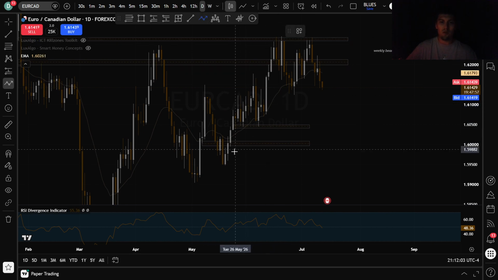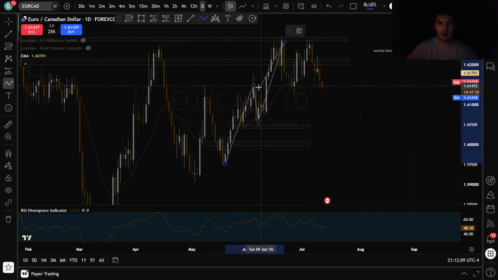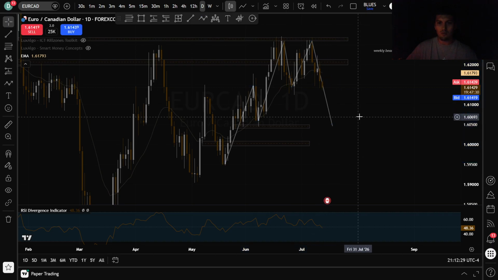Okay, so let's just add some market structure to this, right? Higher high, higher low, higher high. Since we just broke that previous high, we went to a higher low, and then we failed to go higher than this previous high, meaning that if we close below the body of this candle, that means that we are leaning to go lower.